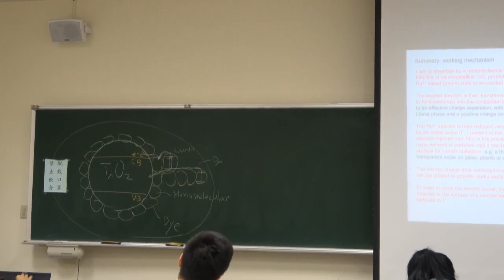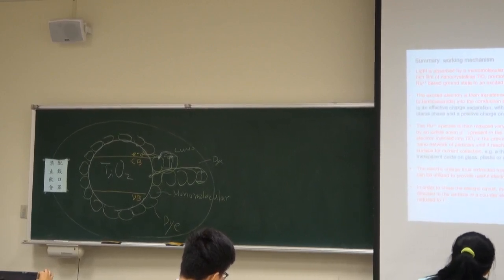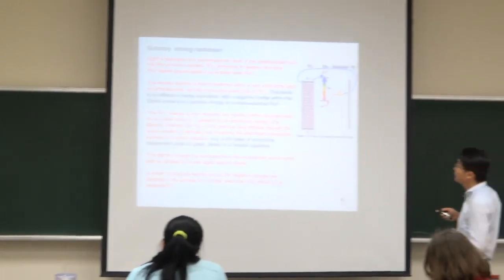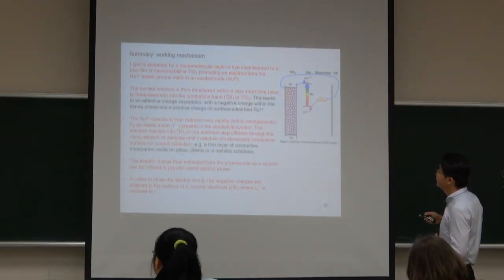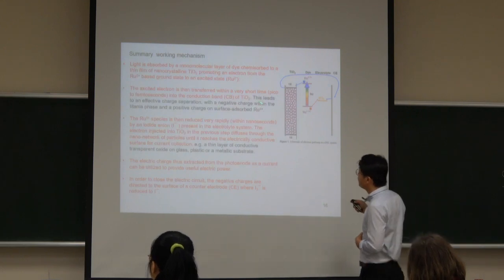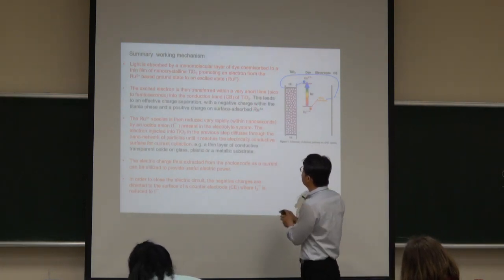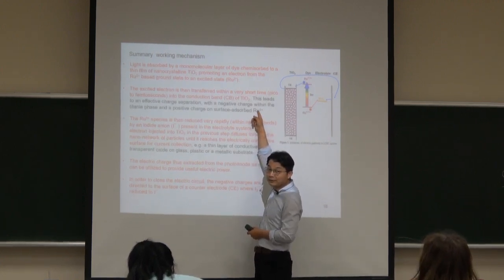So this leads to effective charge separation, with a negative charge within the titanium dioxide phase, and the positive charge on the surface, absorbed within the dye. So this becomes the positive. This is Ru3+, that means the oxidation state, because it becomes the oxidant, right? 3+ is the oxidation state.